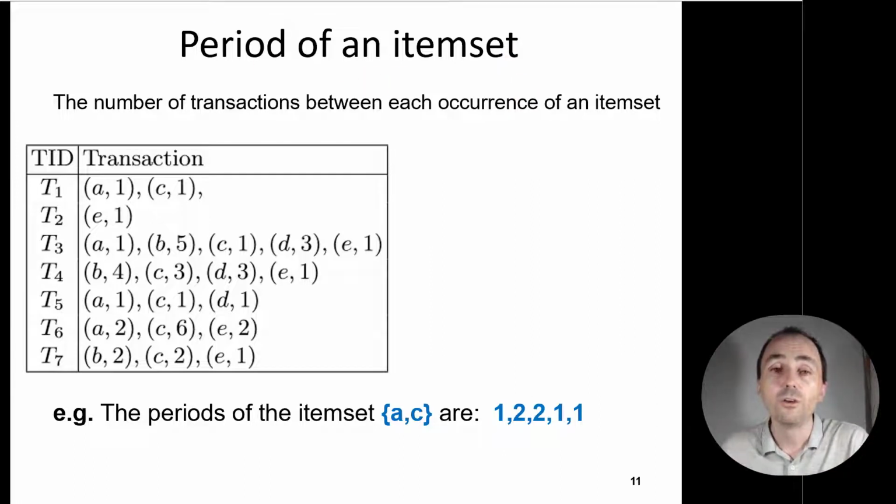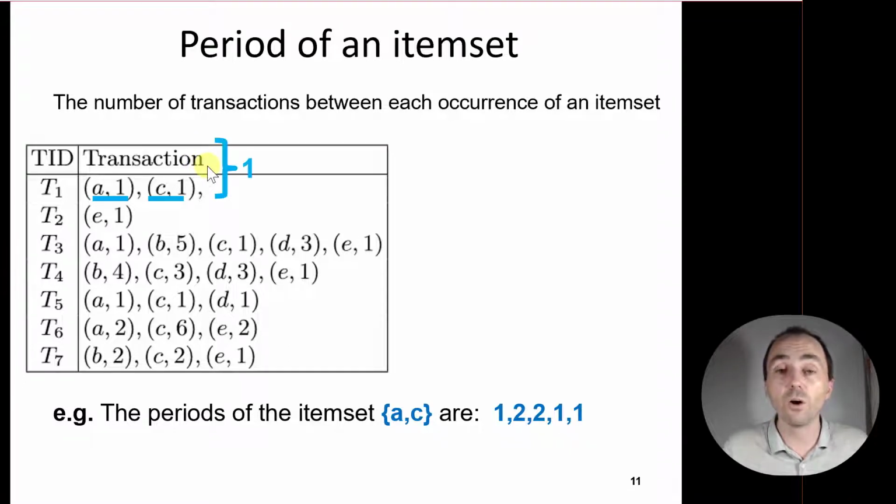First we start from T1. We look for the item set AC, and we find that AC appears in T1. Here, this is a special case. We suppose that maybe AC appeared before T1, like at T0, but we don't know what happened before.